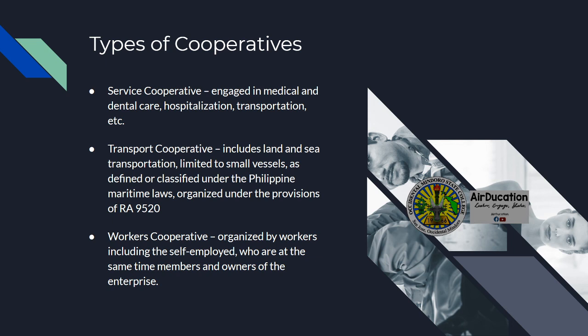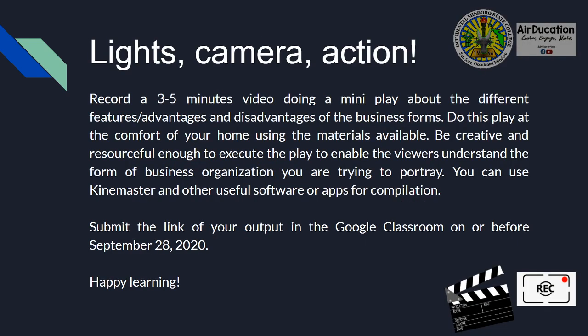Okay, so I hope you learned a lot from this lesson. I have here a little classwork that you need to do as part of compliance and to measure your understanding of the topic. Again, our topic here is the forms of business organization.